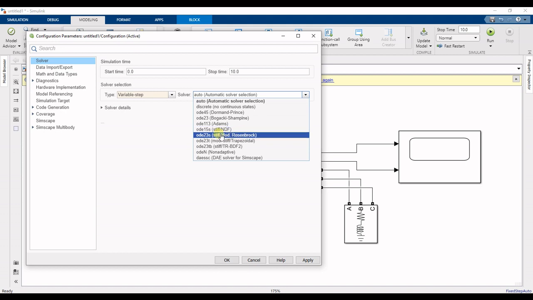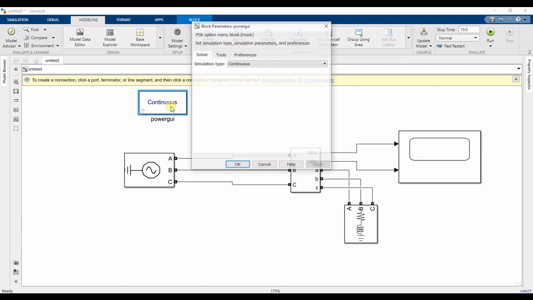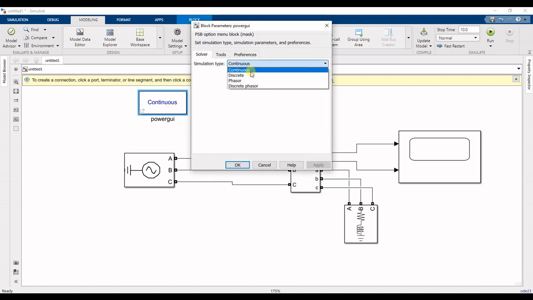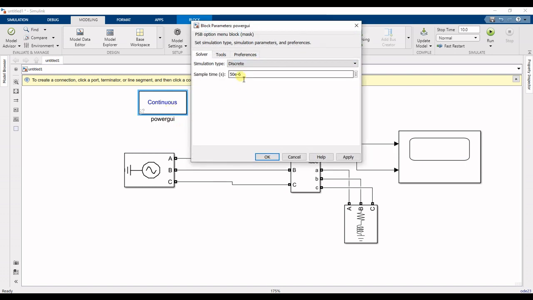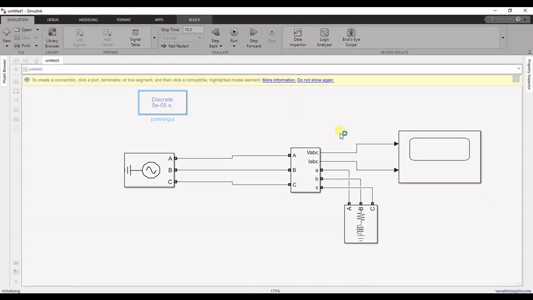So we will use ODE23 in this simulation. It will apply, and we will change the power GUI to discrete. The sample time is over here 50 exponential minus 6, 50 microseconds. Now we will run the simulation and see what result comes now.